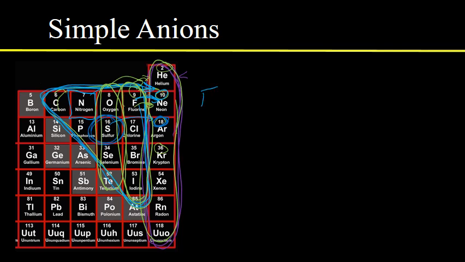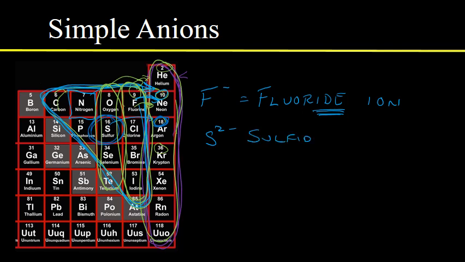And then for the name, for all of these, you just take the end of the element and substitute the suffix -ide. So that would be a fluoride ion, S2-. It's a sulfide ion.